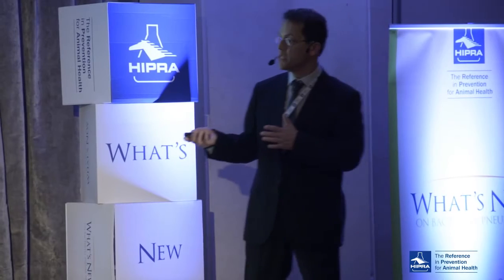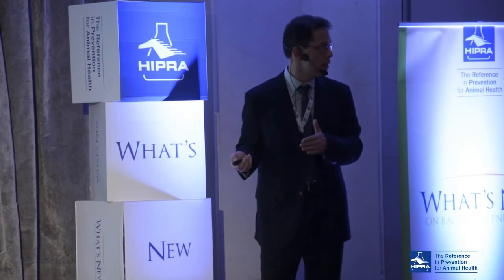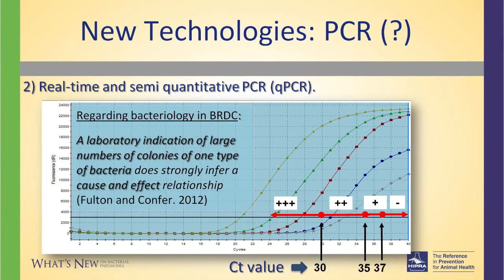So we can use the same principle for quantitative PCR. We could say that probably the first sample contains a lot of DNA from, let's say, Mannheimia, so probably Mannheimia was involved in the disease or in the gross lesions.